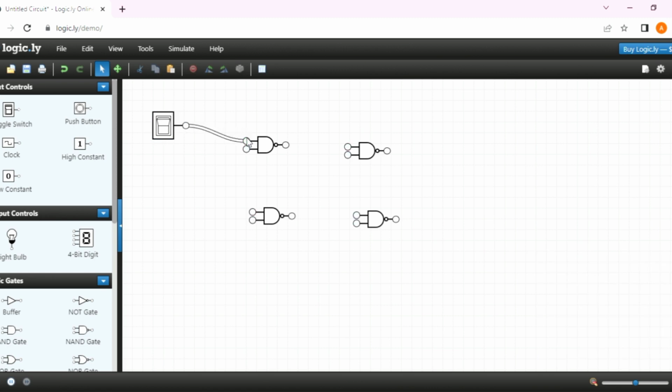So giving the first input, for the second input we are just using a NOT gate. The second input is the complement of the first input. Next, giving the clock pulse. Connecting these inputs.